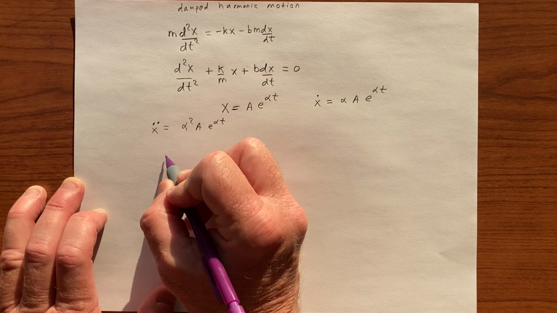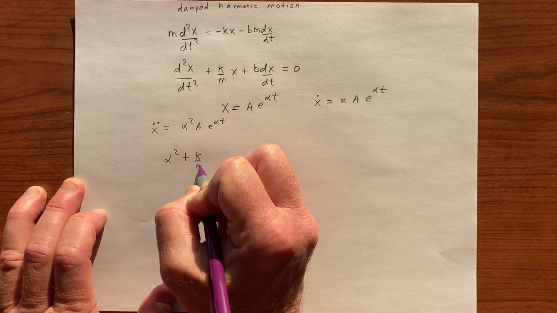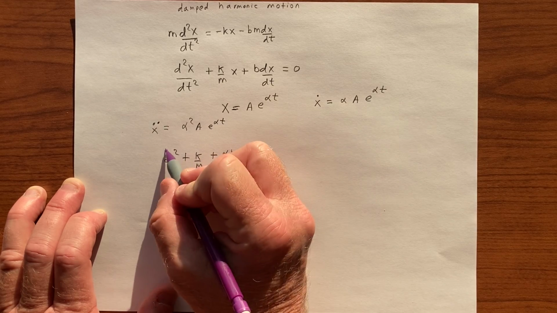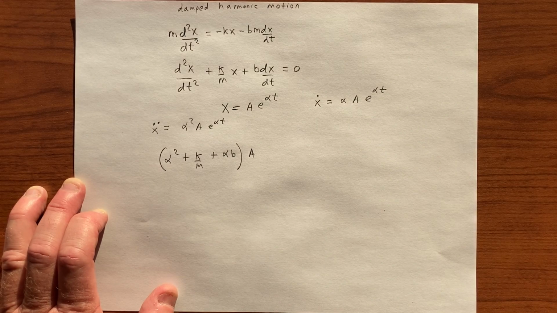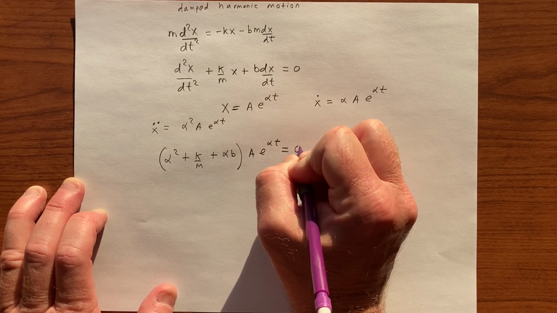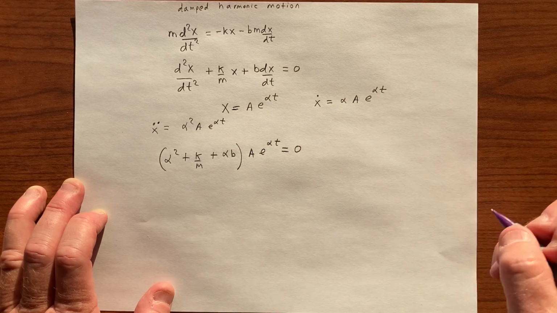We'll get an equation that looks like alpha squared plus alpha b plus k over m, times a e to the alpha t, and that's equal to 0. And so we can divide that out.